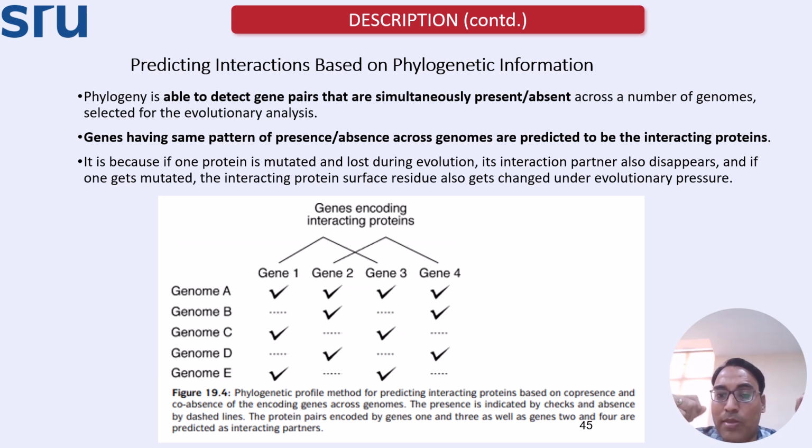Likewise, gene 2 and gene 4, present in genomes A, B, and D, are found to be interacting protein pairs. What is the exact pathway they are connected in, and what are the exact details? We need to scrutinize that further, but we are easily getting that information by analyzing this phylogeny.